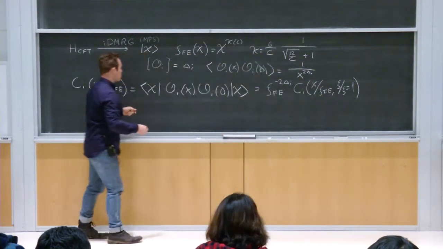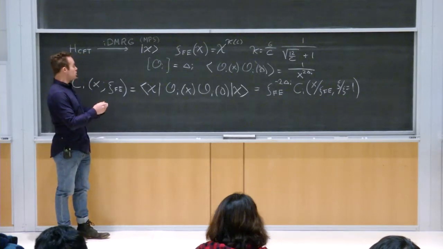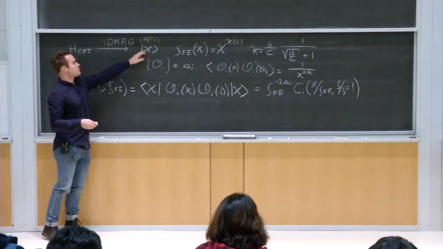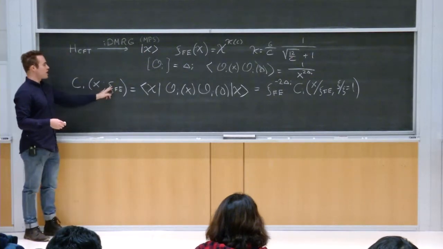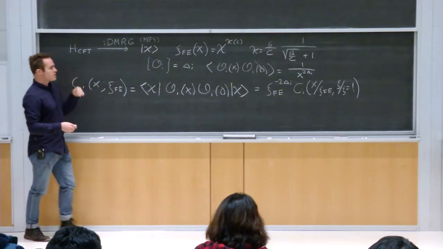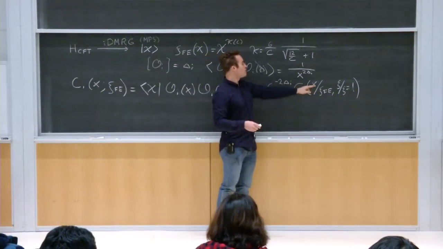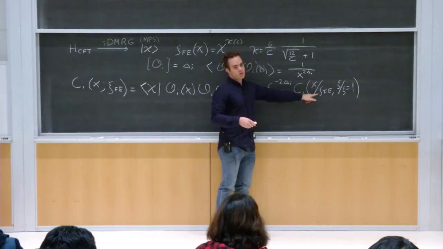So the point is, you would repeat the DMRG numerics many times for different chi's, and you get a bunch of different values for this finite entanglement correlation length. You take all your data sets, and then you just replot them as a function of the distance x over the correlation length of the matrix product state.